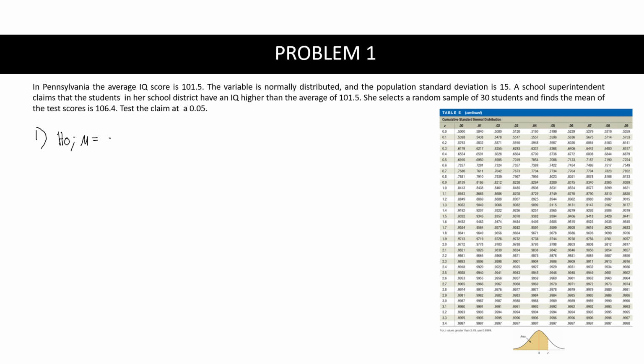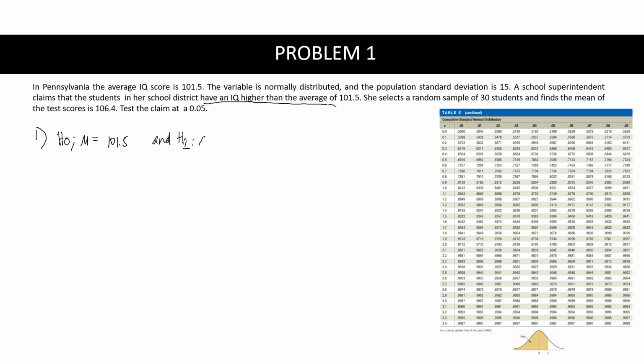The mean is 101.5. And our H1, or alternative hypothesis, states that a superintendent claimed that students have a higher IQ average of 101.5.